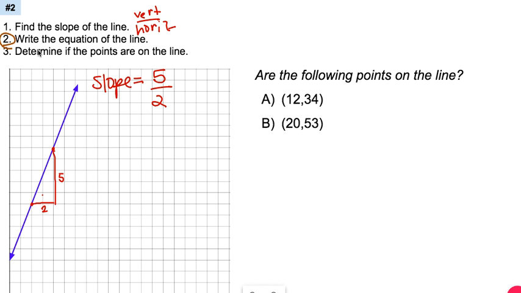Okay, number 2. For 2, we're going to write our equation. So this is where I'm going to get y minus something over x minus something has to equal 5 over 2.